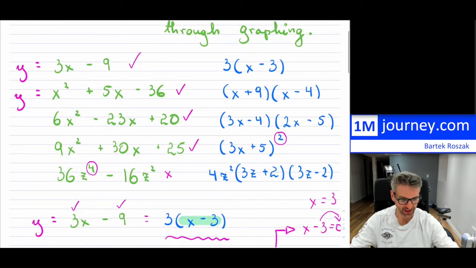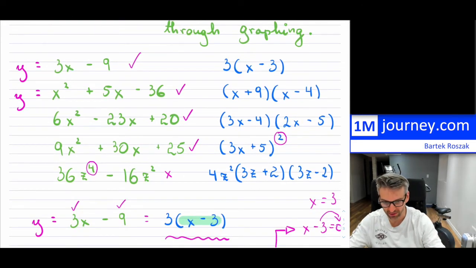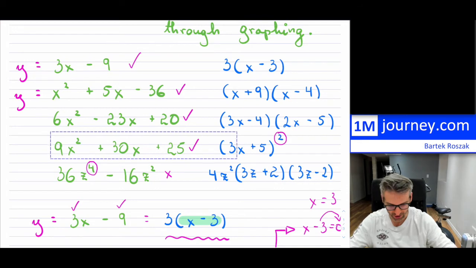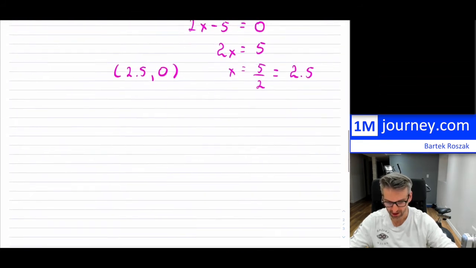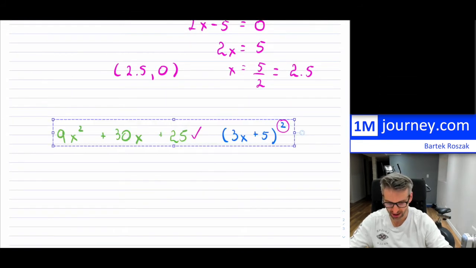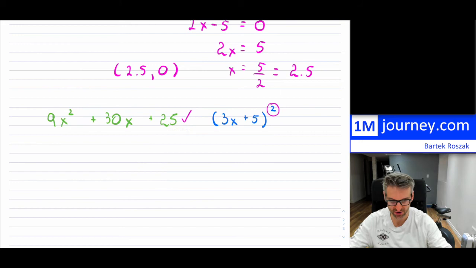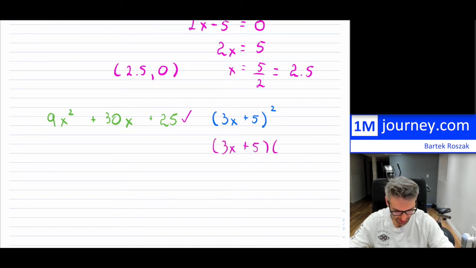Now, if I continue this, you can probably start guessing. So here, this is a perfect square. Copy, and let me paste it right here, and we're going to see what happens to this. This is going to be interesting because what I have is 3x plus 5 multiplied by 3x plus 5.